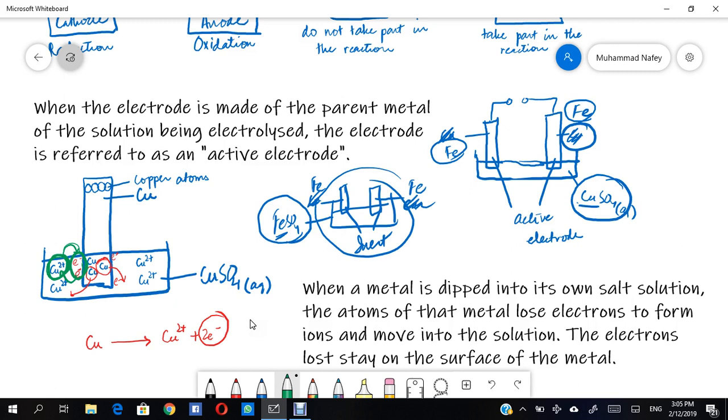On the one hand, copper atoms in the rod lost electrons, formed ions and came to the solution. But on the other end, copper ions in the solution move towards the rod and gain the electrons lost by the atoms in the copper rod and form copper atoms themselves. So on this end, copper ions gain the electrons and form copper.